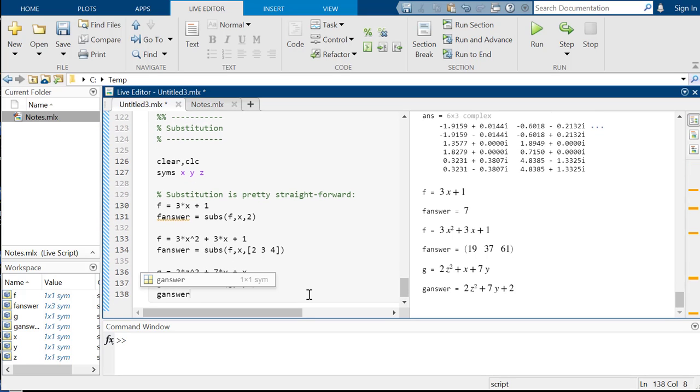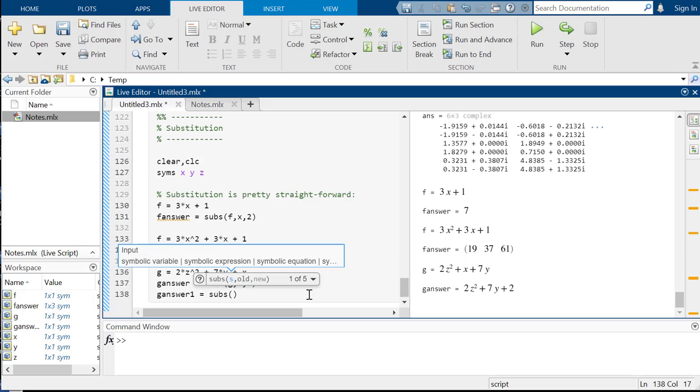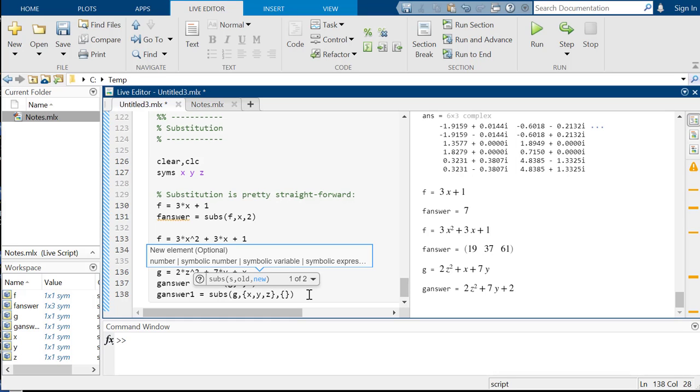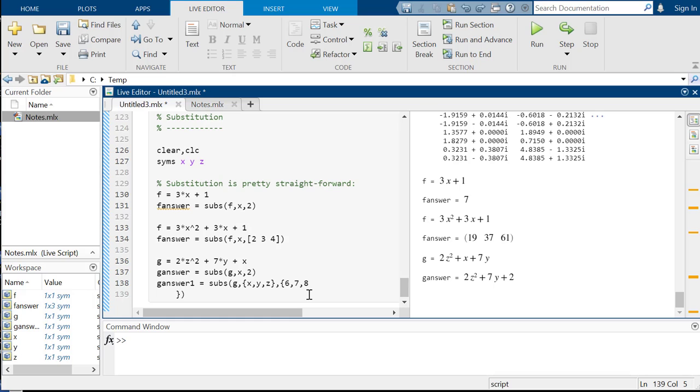G answer subs. I can also say, okay, for g, I'm going to substitute in x, y, and z, and I'm going to plug in 6, 7, and 8. Oops, go back.